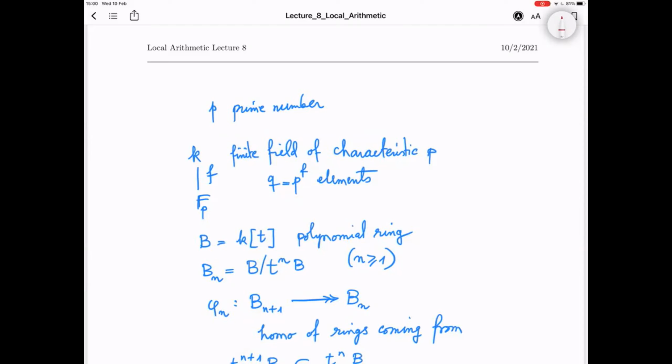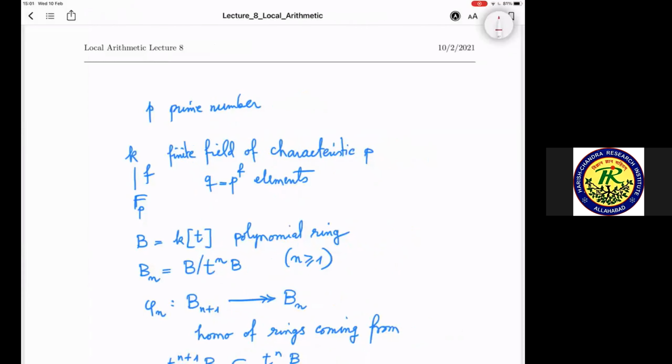And next week, I'll recapitulate what we have done till now, including today's lecture. So that is a better plan because it will show you the analogy between what we have been doing and what we are going to do today.